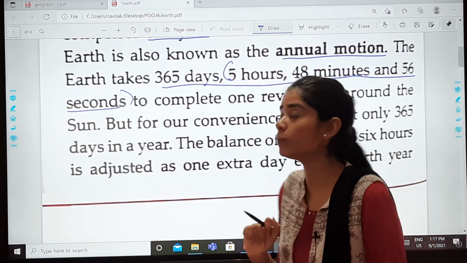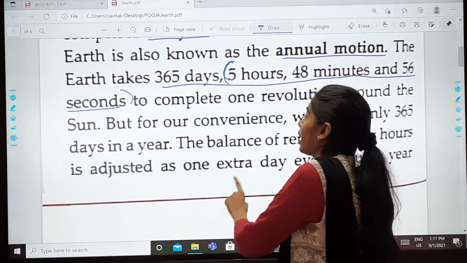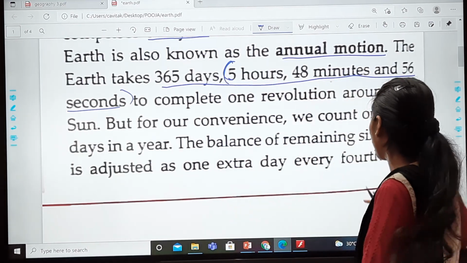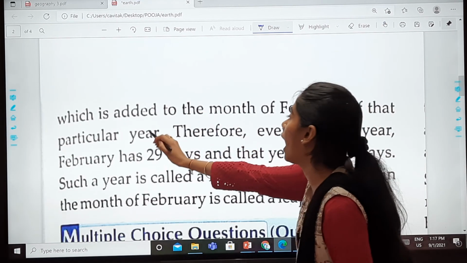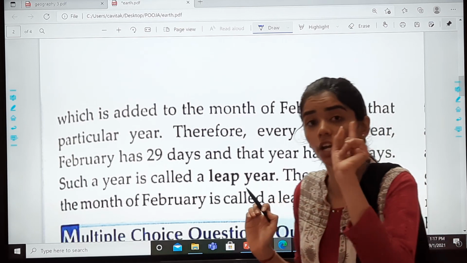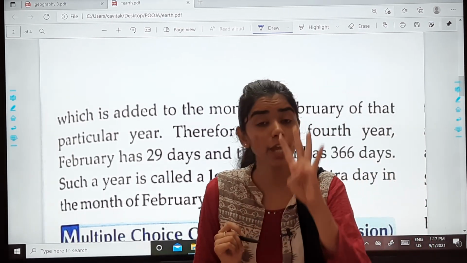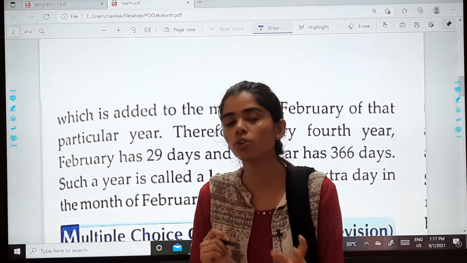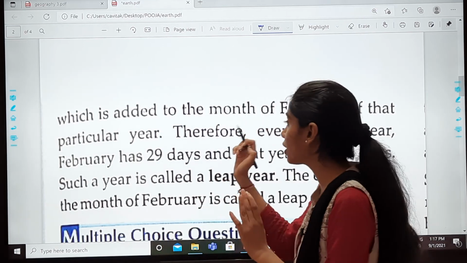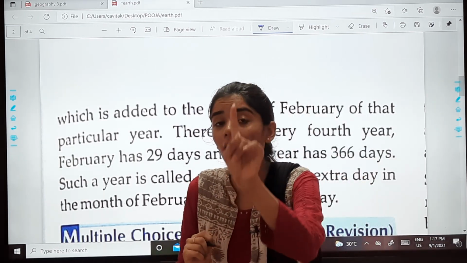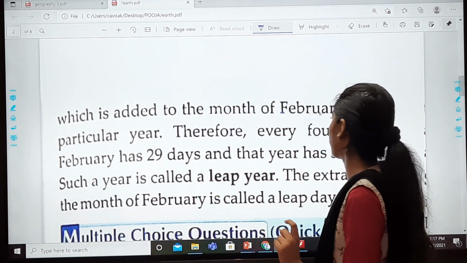Okay, so what do they do? This balance is adjusted as 1 extra day every 4th year, which is added to the month of February of that particular year. They keep on adding this balance, and every 4th year they add 1 day, only in the month of February.